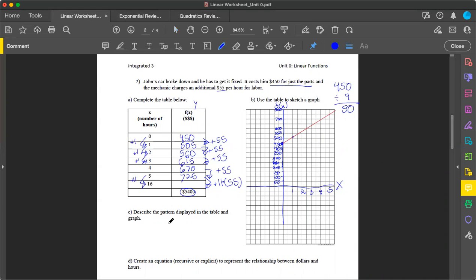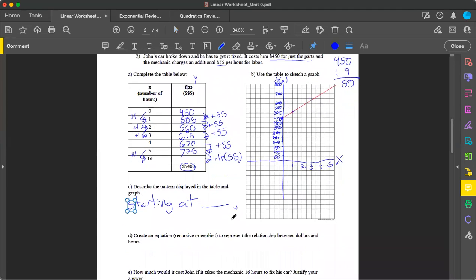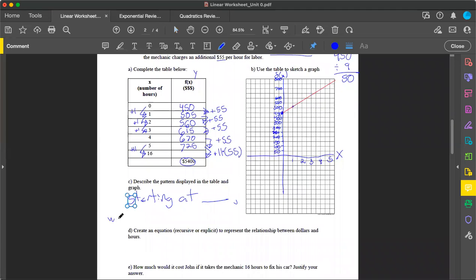Describe the pattern. You could say something similar to what we did before. I mean, I'll even let you take a moment to fill in the blank. You've been doing this since Integrated 1. Can you handle it? Starting at blank, we keep adding, and that's a giveaway, I guess. Blank, how many times?